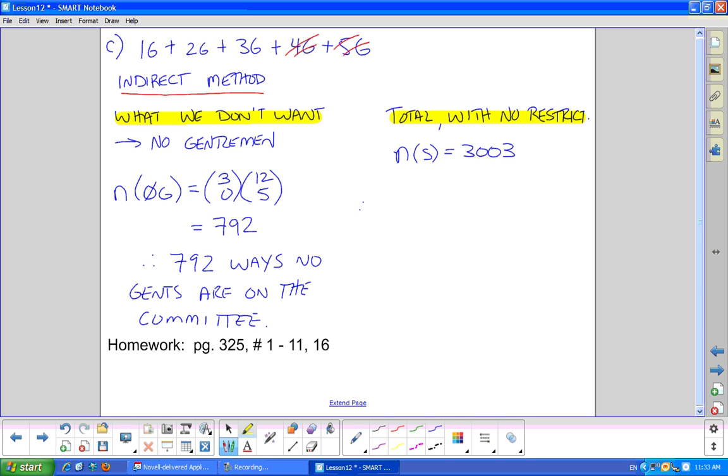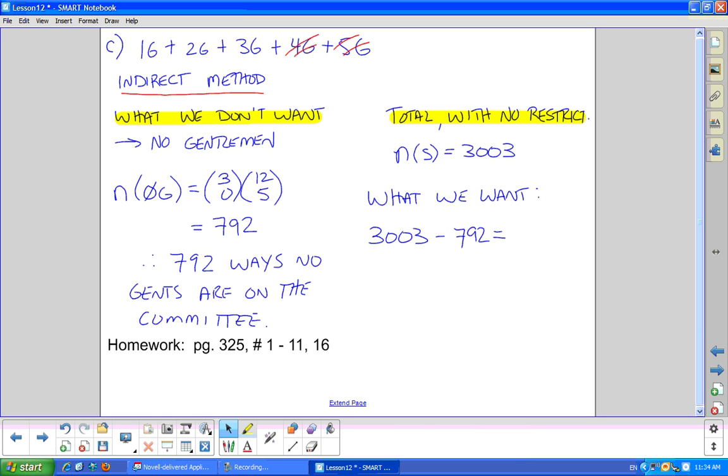So again, if we want to find how many ways we want, so maybe I'll just add that in the statement here. Whoa, lots of color. So what we want is the total number of ways minus what we don't want. Okay, so again, we're looking at the total number of ways.